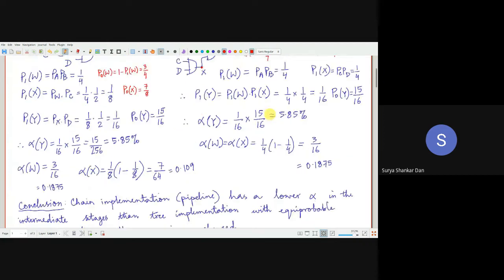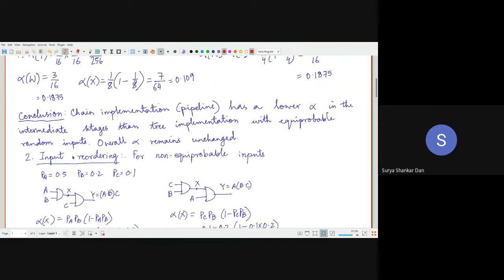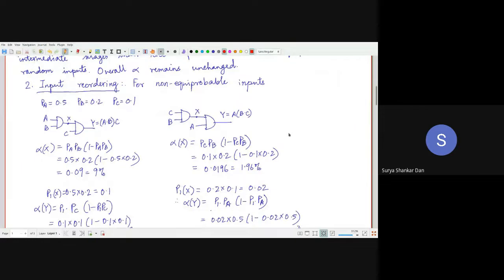As I discussed at length in the previous lecture, there are circumstances, because of noise or many other things, where the probability that the inputs are exactly 0 or exactly 1 may not be 50%. In those cases, for non-equiprobable inputs, we have to find out how to reorder the inputs such that we achieve the least switching power.